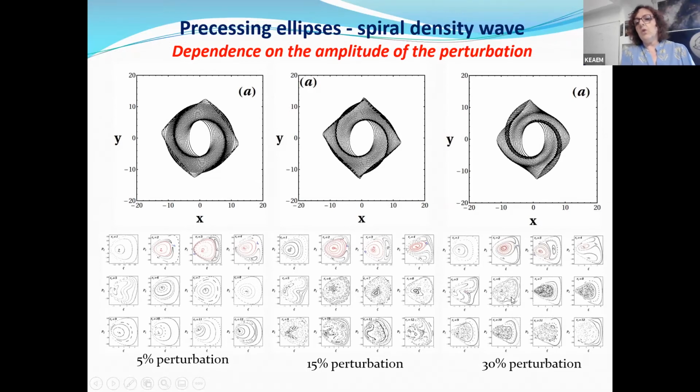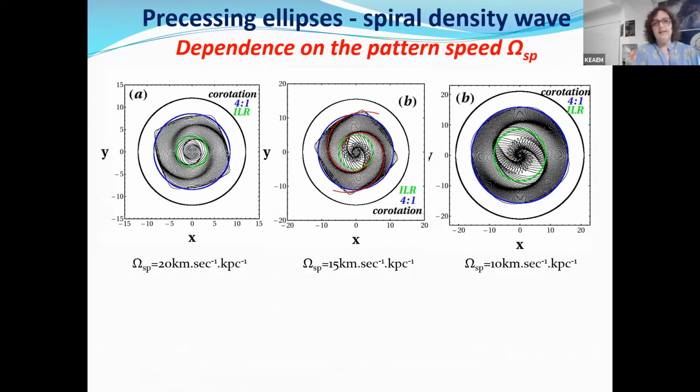There are no more stable periodic orbits, and therefore this is an unrealistic case. So we have a plateau of the perturbation up to approximately 15%.